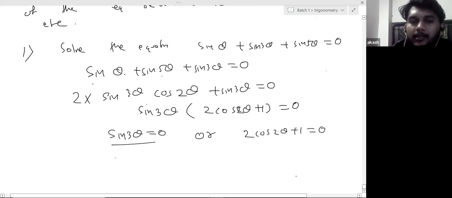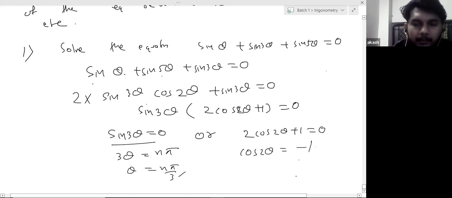Now here we can simplify. So 3 theta equals n pi, so theta equals n pi by 3, or cos 2 theta equals minus half.